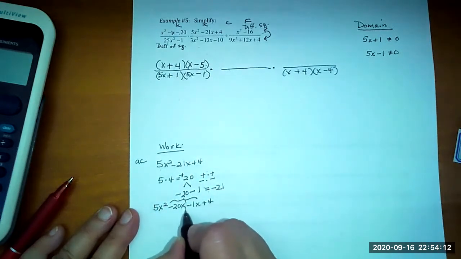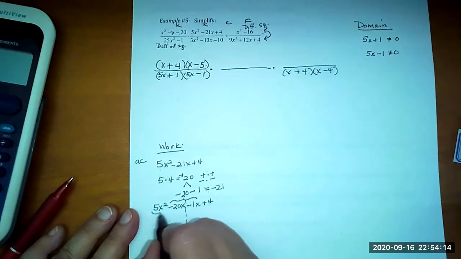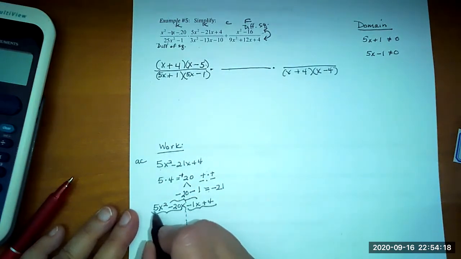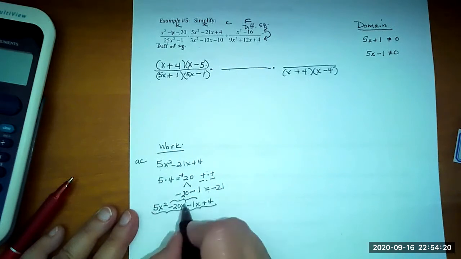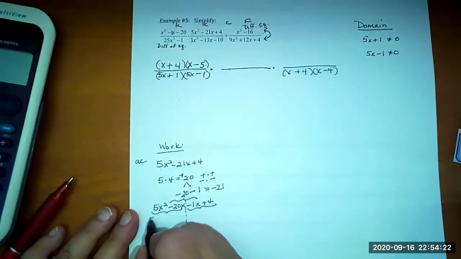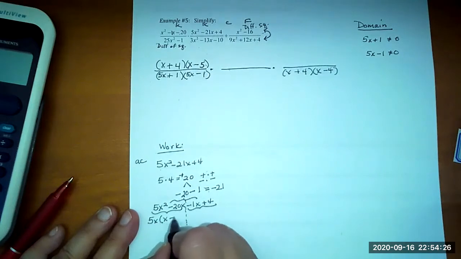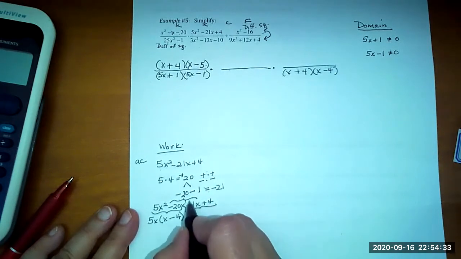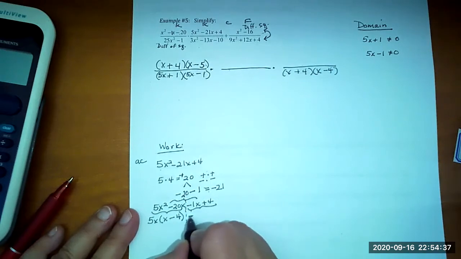Now we're going to factor by grouping. I didn't mean to freeze earlier. Sorry about that. And we're going to look for the greatest common factor. I have a 5, and I can take out an x from each of those. So I have a 5x, and I'm left with x minus 4. So here I have a negative 1x plus 4. Whenever you have a negative starting, you have to factor out a negative.